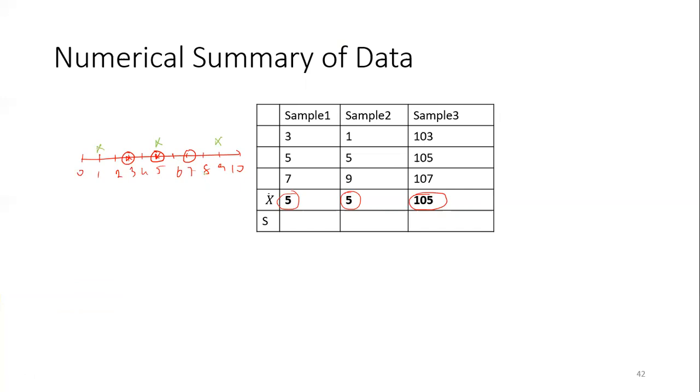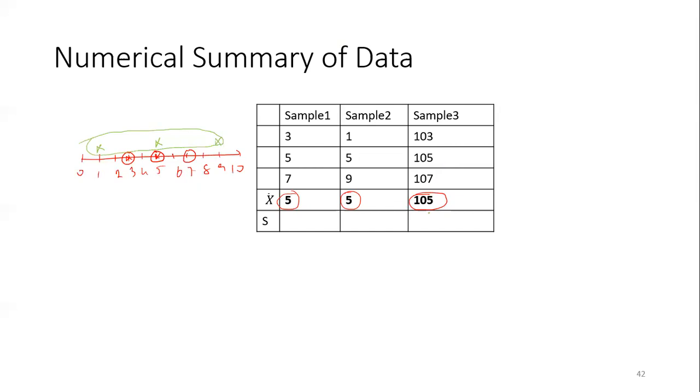Which data has more dispersion? Which data is more scattered around the mean? Well, it's this one, the green part. This has a larger dispersion compared with sample one. How about sample three? It's 105.